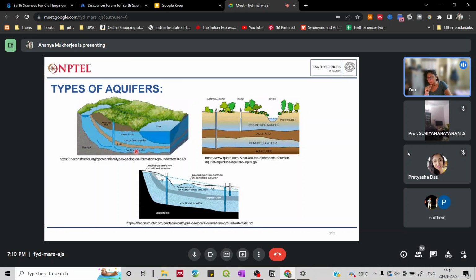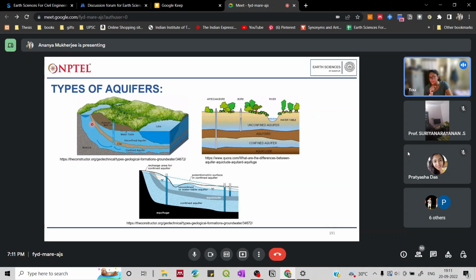Now you can see that this is a confined aquifer. Both these aquifers will be formed in high porosity and highly permeable material, for example sandstone. Unconfined means that there is nothing restricting the movement and interaction with the top surface.